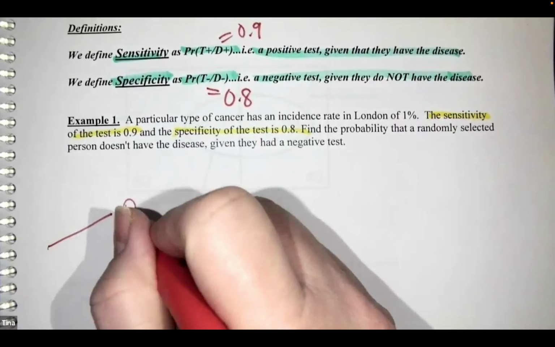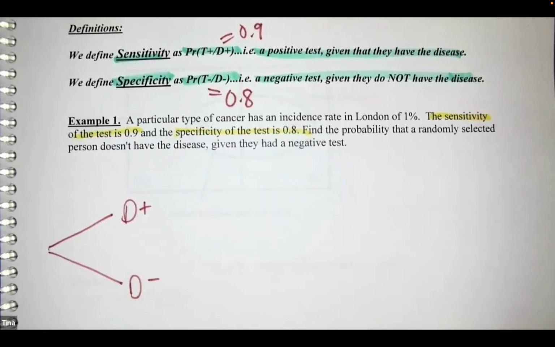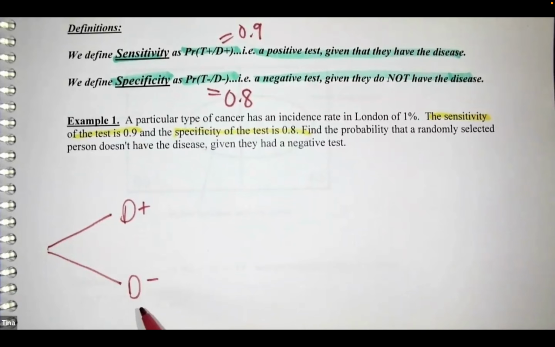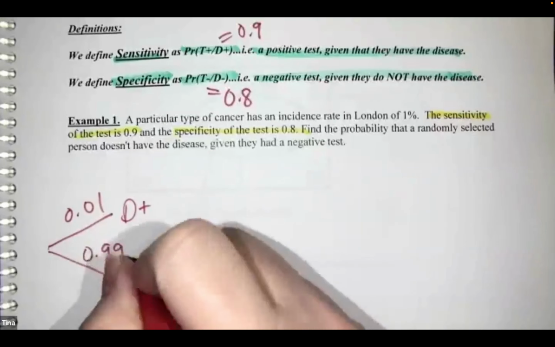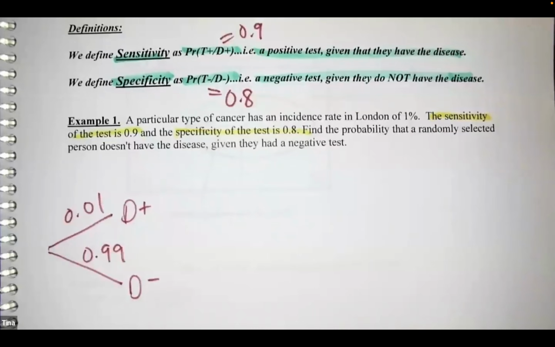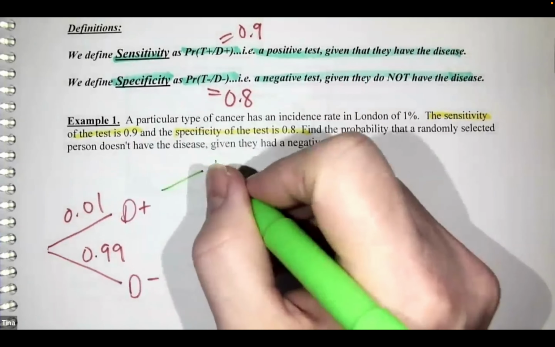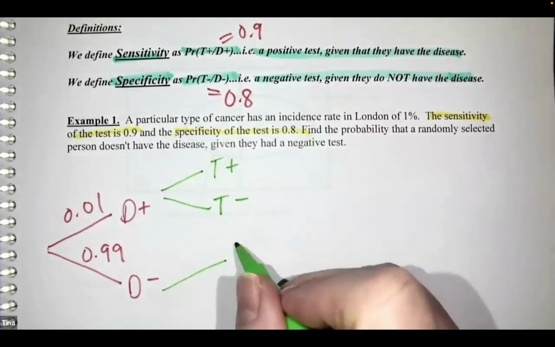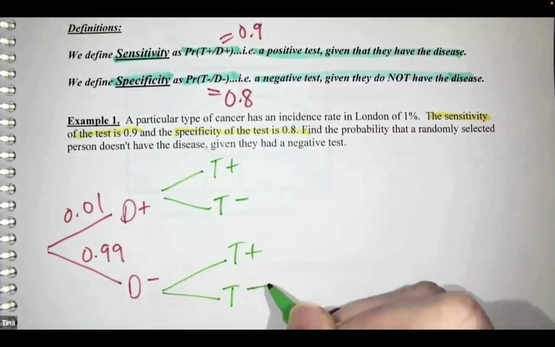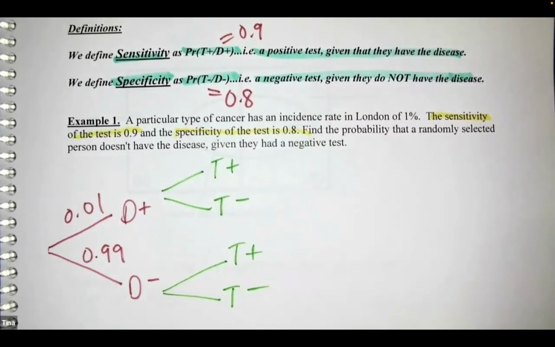We can say they have the disease or they don't. Having the disease is 1%, so if 1% has the disease, then 99% don't. Then our conditionals are all our second branches. We can either test positive or test negative, given we have the disease, or we can test positive or test negative, given that we don't actually have the disease.